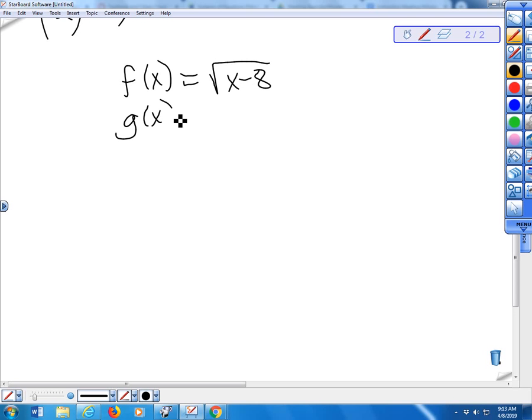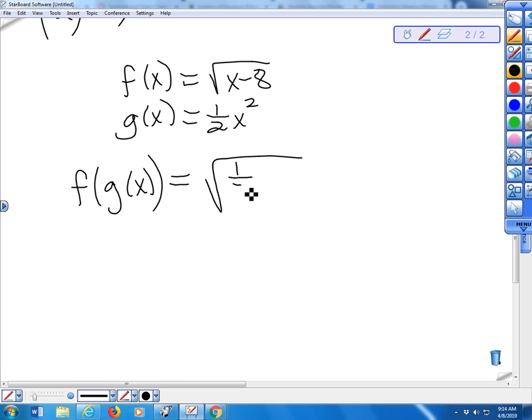G of x is 1/2 x squared. So, f of g of x. What do you think? It's going to be 1/2 x squared into the x position, so the square root of 1/2 x squared minus 8. Good. Let's do g of f of x.